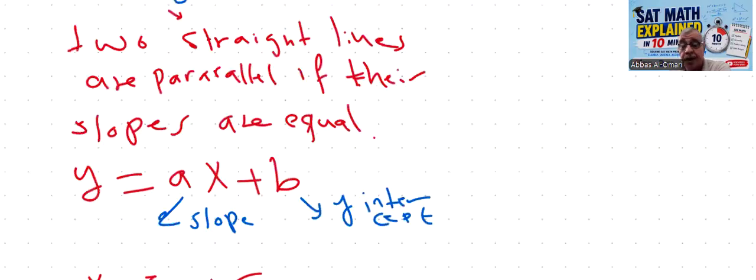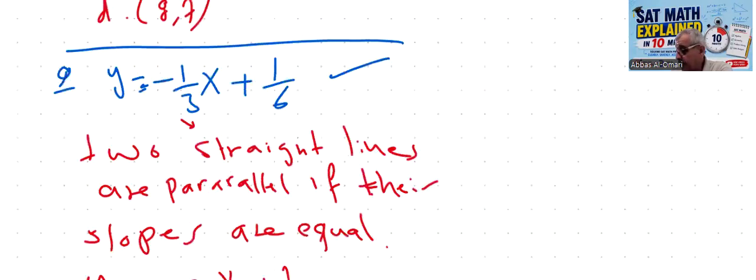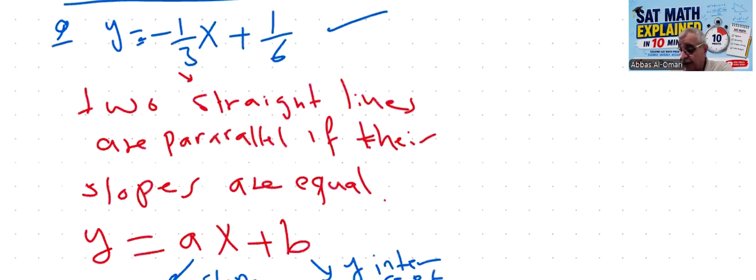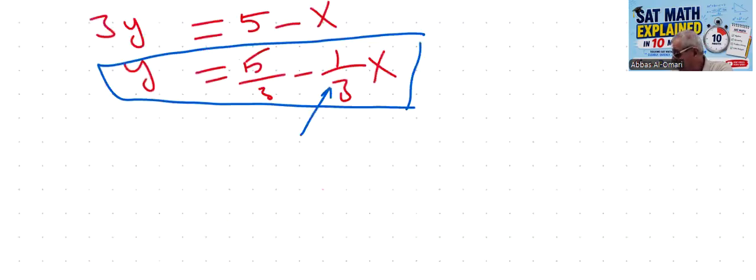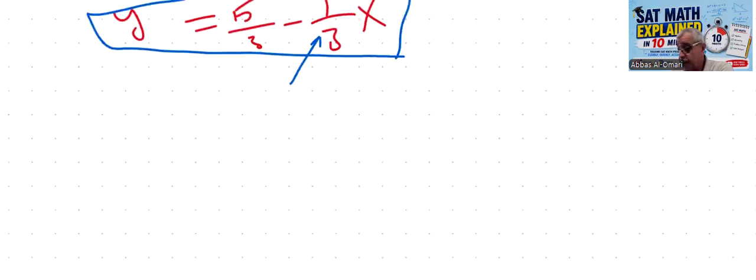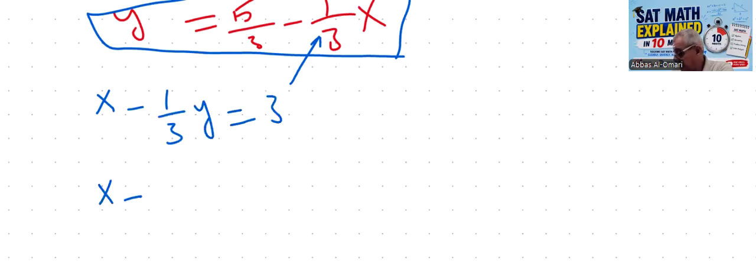The slope of both lines is minus 1/3. Here, let me write to you the other options just to show you that you can check that they are not parallel. So the other options are x minus 1/3 y equals 3, x minus 3y equals 2, and x plus 6y equals 4.